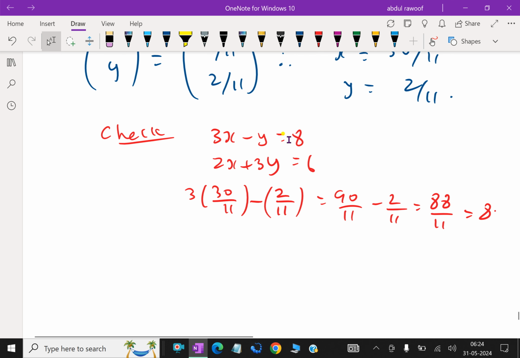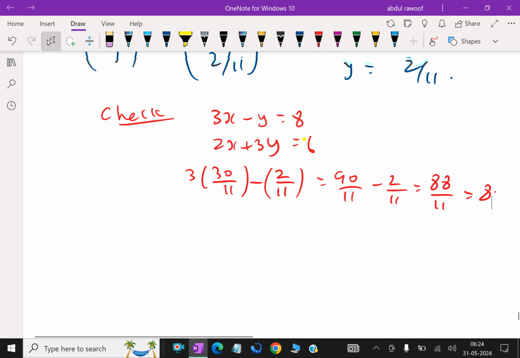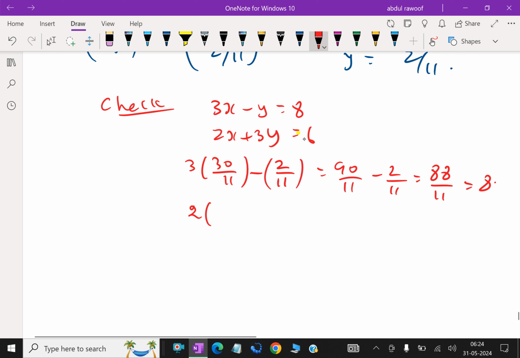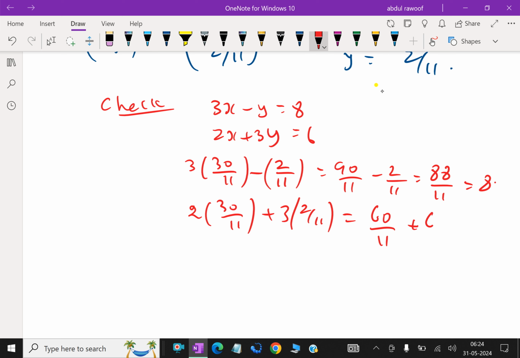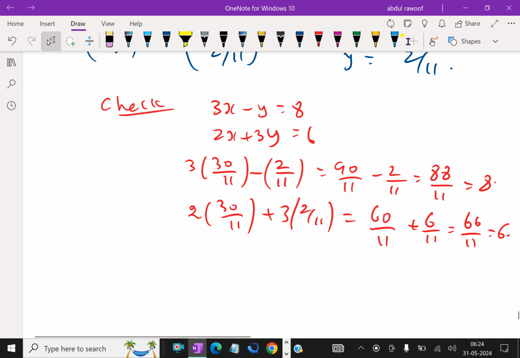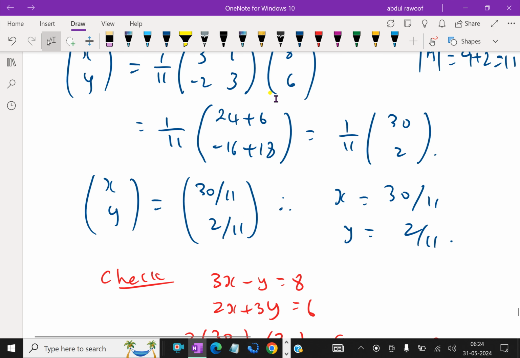Therefore, we got the first. The second one, 2 into 30 over 11 plus 3 into y, which is 2 over 11, equal to 60 over 11 plus 6 over 11, which is 66 over 11 equal to 6. Then we got the solution.